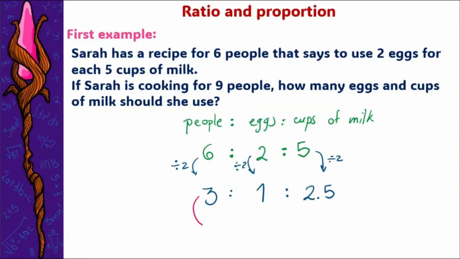And now since I want the people to be 9, I'm going to multiply by 3 to get 9, 3, and 7.5. That means she should use 3 eggs and 7 and a half cups of milk to get the recipe correct.